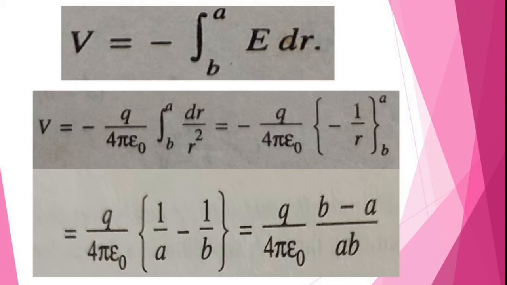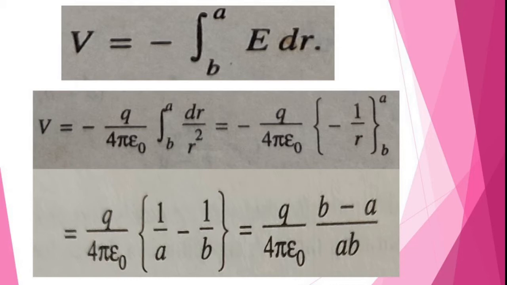Taking the LCM, that is q by 4 pi epsilon 0 into b minus a by ab. So we got the expression for V.